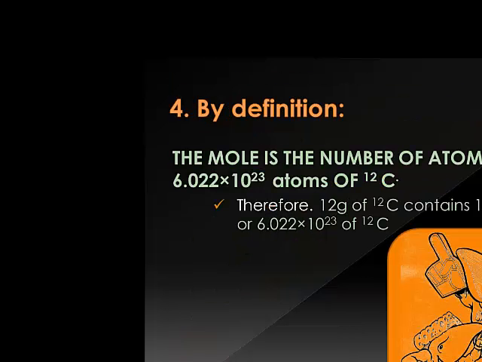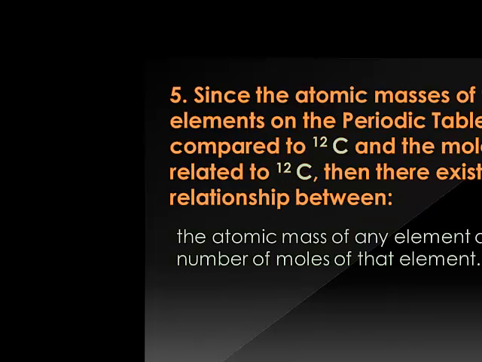By definition, a mole is the number of atoms of carbon-12, or 6.02 times 10 to the 23 atoms of carbon-12 in 12 grams. So when we look at 12 grams of carbon-12, it contains 1 mole of carbon-12, or 6.022 times 10 to the 23 carbon-12 atoms.